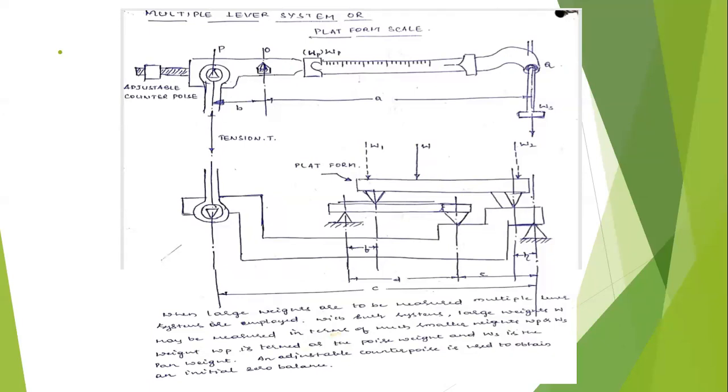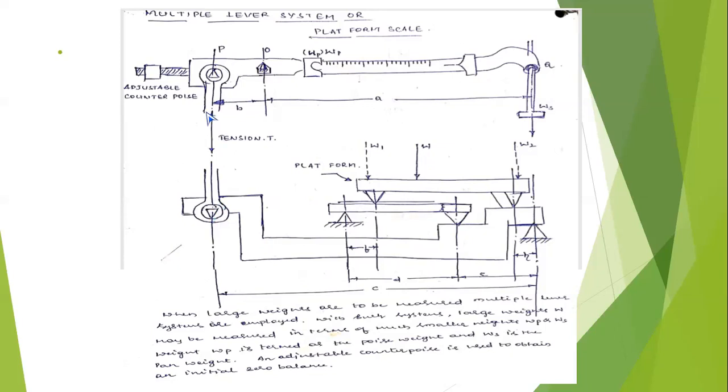So this is the platform scale, which is placed on another lever. That lever is hinged at one point and placed on another lever, which is pivoted at another point, and it is continuous and fixed to the tension bar.